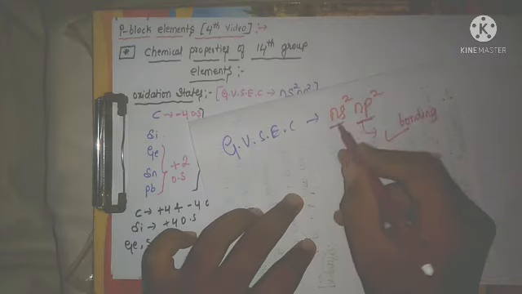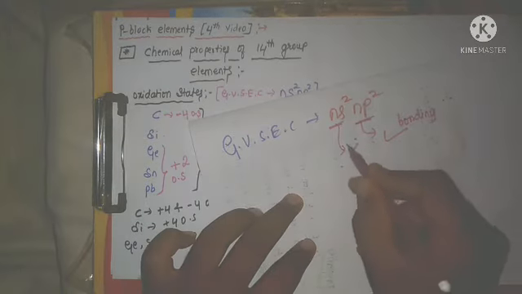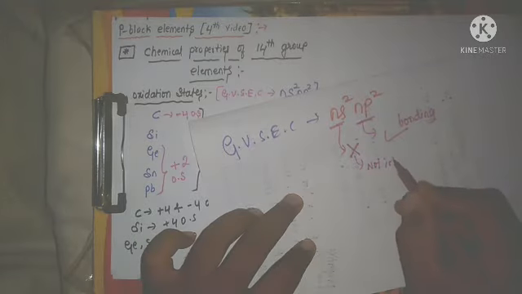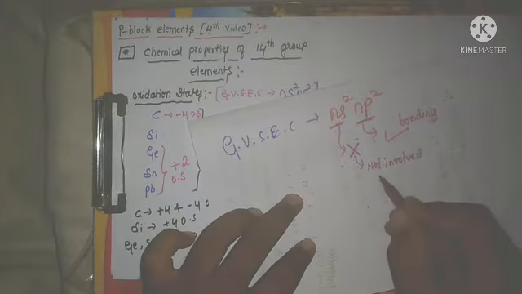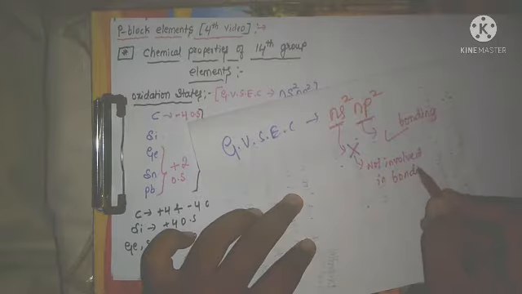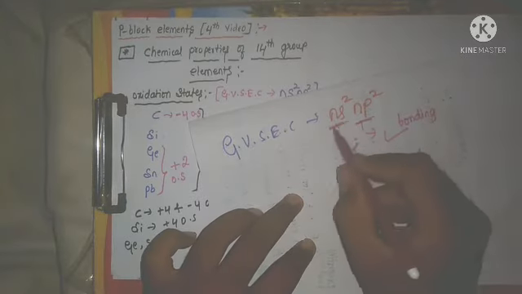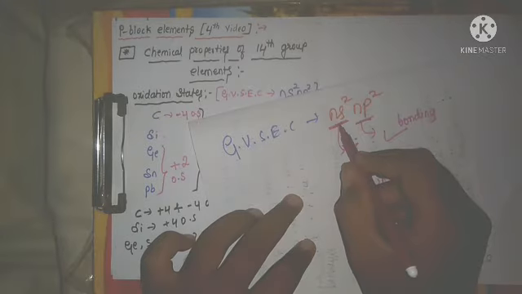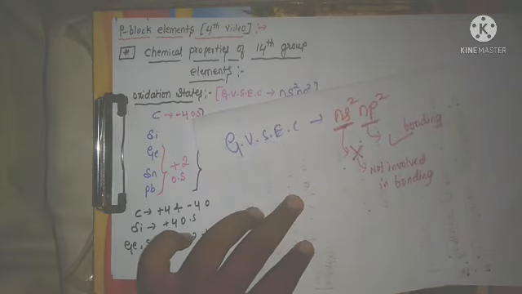Now here, bonding is because of only the p orbitals, whereas the s electrons are not involved in the bonding, because the s electrons are paired. Therefore this effect is called the inert pair effect.